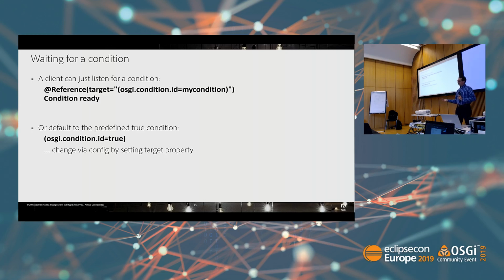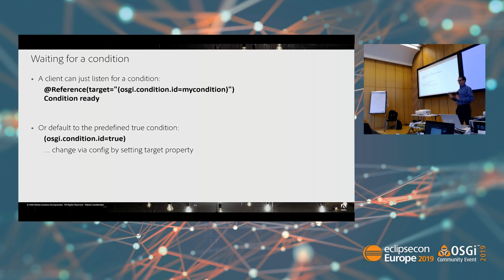And what you can then do, with configuration and without changing the code, is change the condition it needs to wait for. So with that, you can say an existing DS component needs to be delayed until a named condition is ready, and that would be a purely configuration effort. So that's still under discussion as far as I know.